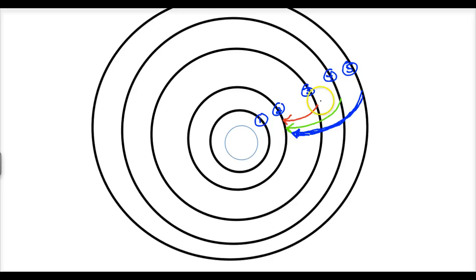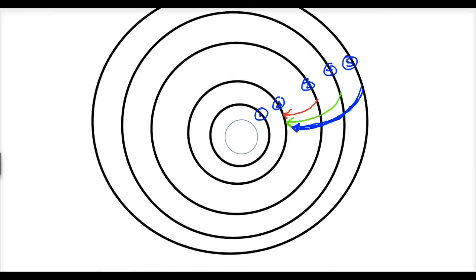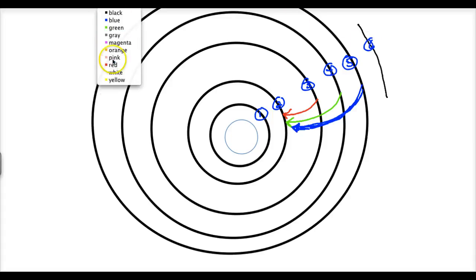Well, the distance also. And then the violet line, which I don't have drawn here, is the 6th going back. So I need to add a circle. This would be the 6th energy shell, and that would be violet. So let's pretend that magenta is violet. I'd be going from 6 back to 2.